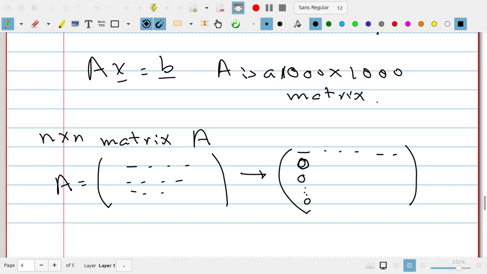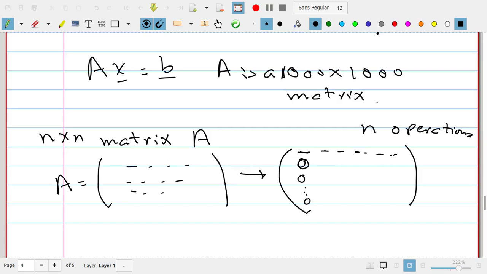Multiplying the first row by a certain number means multiplying all the elements in the first row by that number. So you have n operations.